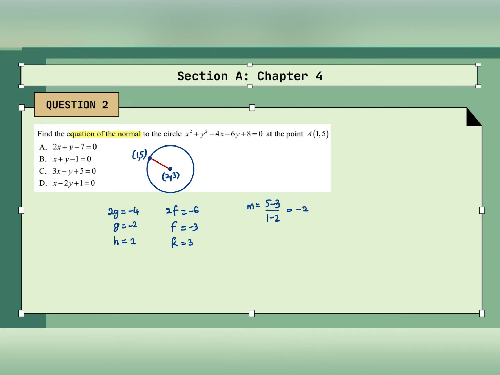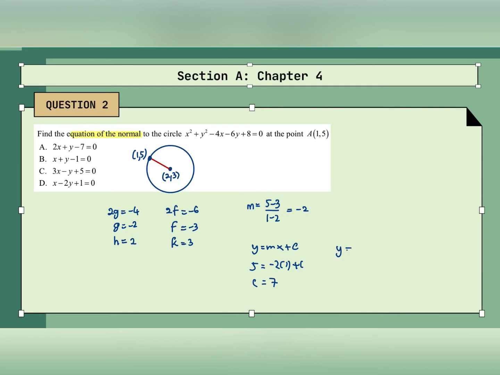This is your M. So kita perlukan Y equals to MX plus C. Tadi point kita adalah 1, 5. So 5 sama dengan negative 2 darabkan dengan 1 plus C. And your C is equals to 7. Okay. So sebenarnya tengoklah kat mana C yang ada 7. Jawapan kita adalah A. Tapi ya ke A? Kita masukkan pula dalam equation of normal balik semula.